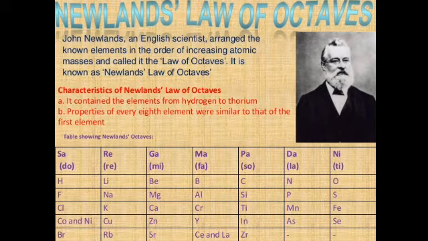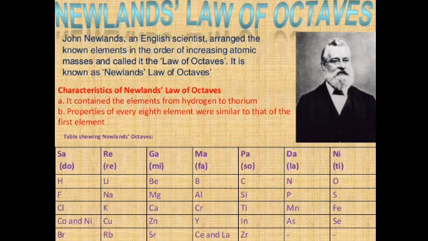Newland's law of octaves. It was John Newland who arranged the elements that were known at that time into groups in order of increasing atomic mass. He started with the element having the lowest atomic mass, that is hydrogen, and ended with thorium, which had the highest atomic mass, and it was the 56th element.